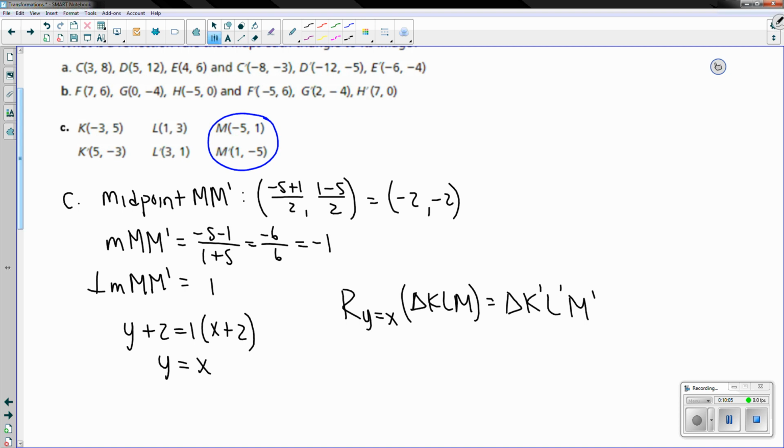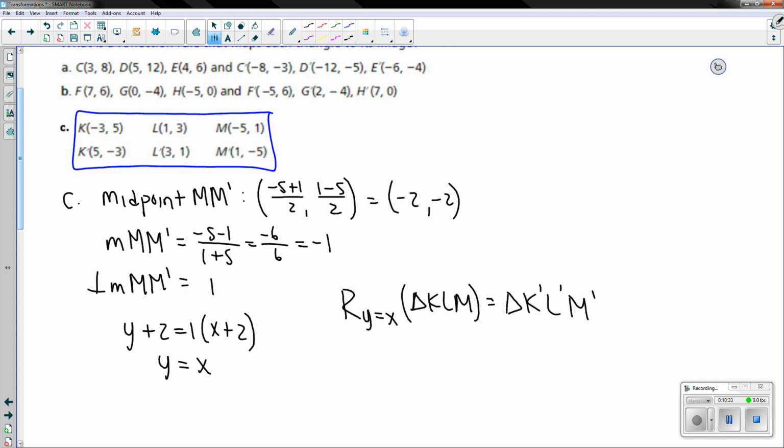In reflecting over the line y equals x, that is one where we do have a set of rules that we can memorize, or we've come to discover, where we know to reflect over the line y equals x, all you have to do is swap the x and y coordinates. And when I look at this set of pre-image and image points in part C, I can see that to go from K to K prime, or L to L prime, or M to M prime, that is what happened.